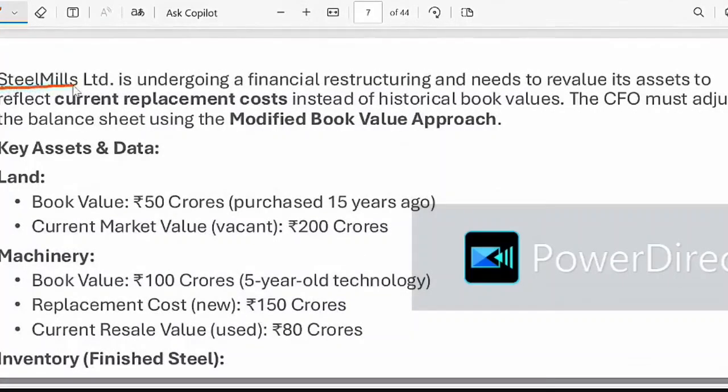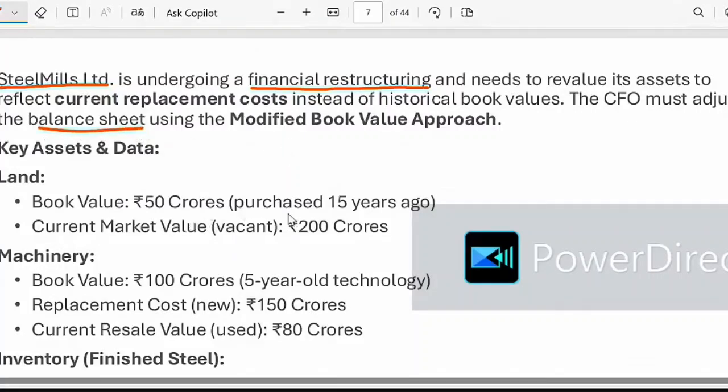Now, Steel Mill Limited, right? This is a manufacturing company. They are going through a financial restructuring, and here is a situation that happens quite often in the real world. Their balance sheet shows some old values, right?